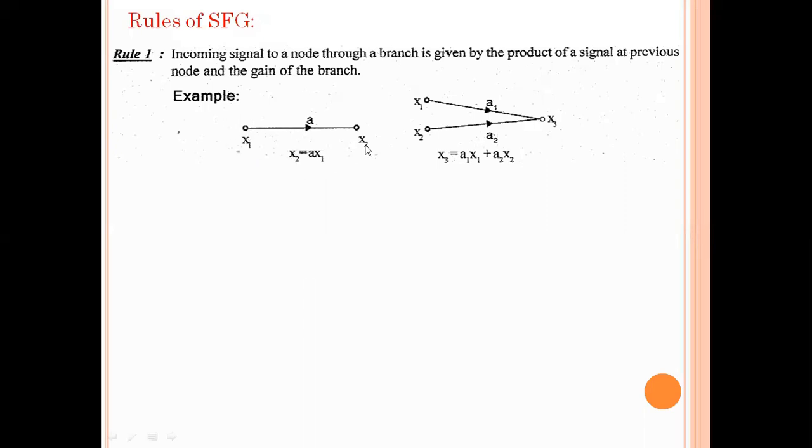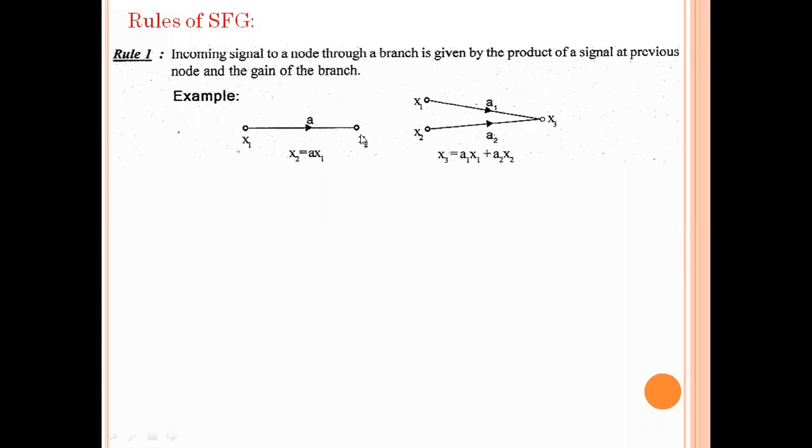You can see in this example, if x2 is the output here, then this x2 value will be the product of this branch transmittance, or simply the branch gain, which is a here, and the previous node value, x1. So from x1, a branch is coming to x2 with a gain of a. Then the x2 value will be simply the product of a and x1. So x2 is equal to a into x1. So I'll multiply this a and the previous node value to calculate this x2.